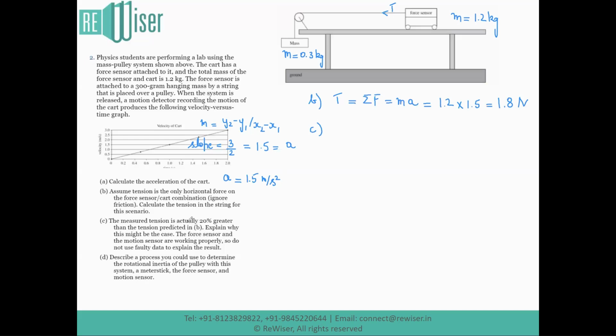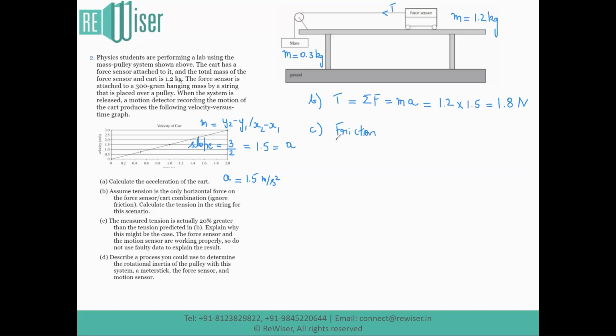Moving ahead, part C tells us that the measured tension is greater than the value predicted. Explain why this might be the case. The force sensor and the motion sensor are working properly, so do not use faulty data to explain the result. Since the explanation using faulty data is out of the picture, we can say that in reality, there is friction involved between the wheels of the force sensor and cart combination and the surface of the table.